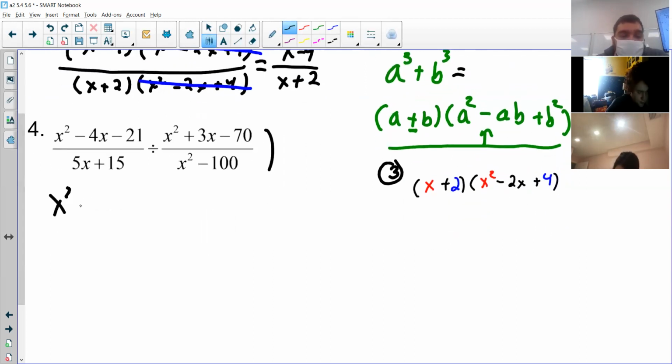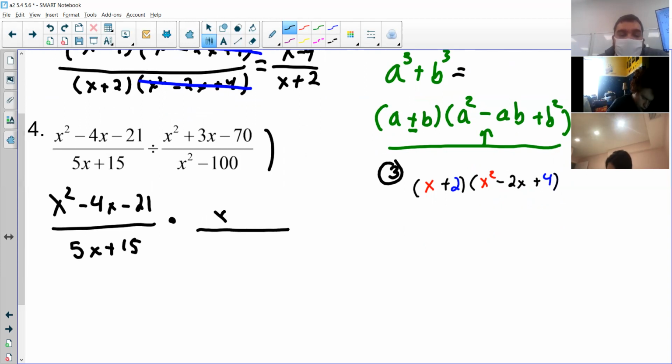So you want to rewrite this question. The first part will stay exactly the same, no changes. The second part will change the division to multiplication and be flipped. So x squared minus 100, x squared plus 3x minus 70.